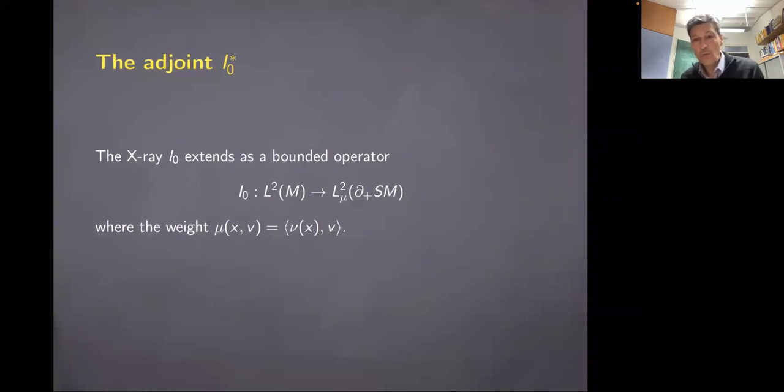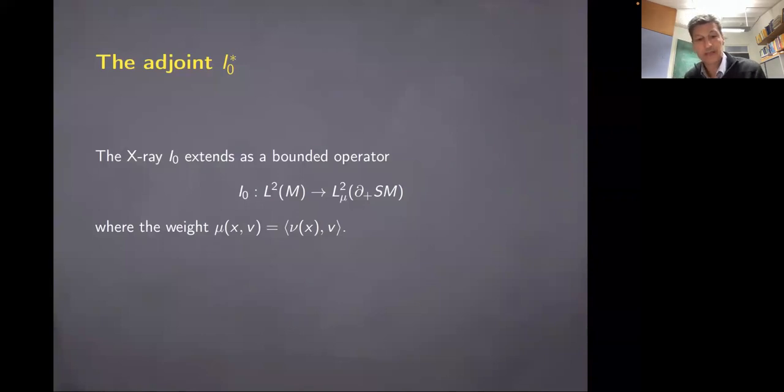You want to weight that measure by a function mu, which is essentially the inner product of nu times v. There are many reasons why you want to consider that weighted measure with mu, having to do with symplectic reasons, having to do with the Santalo formula, which is a classical integral formula that relates integrals of functions on the unit tangent bundle with integrals on the influx boundary.